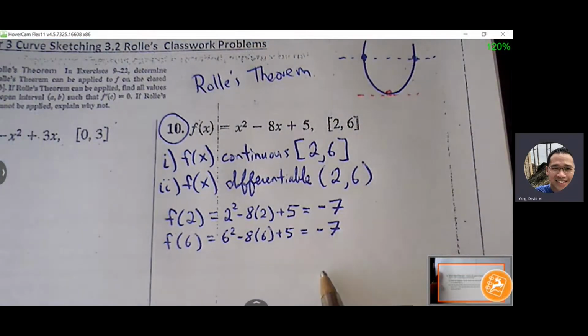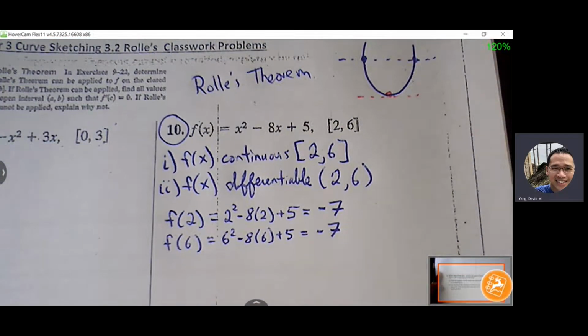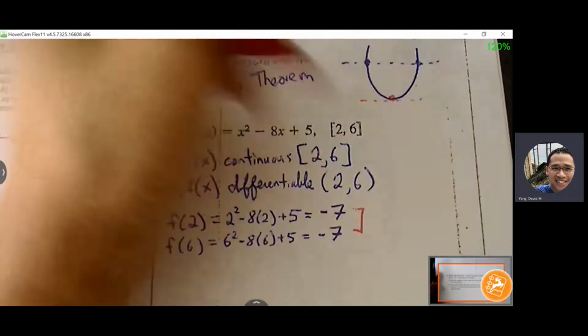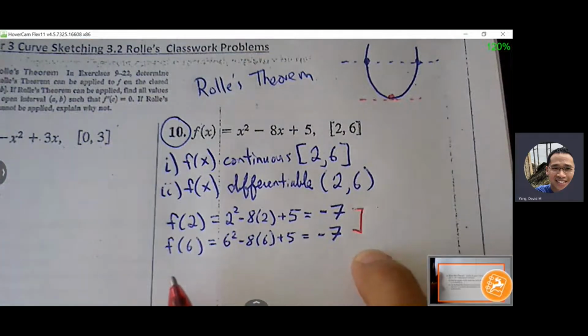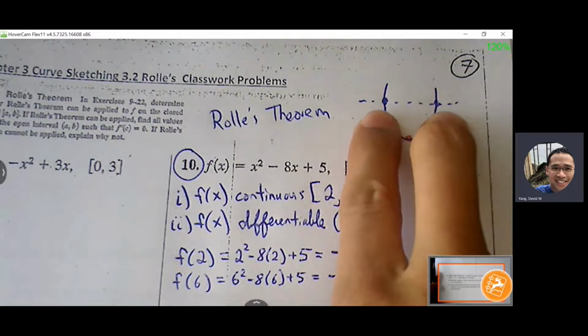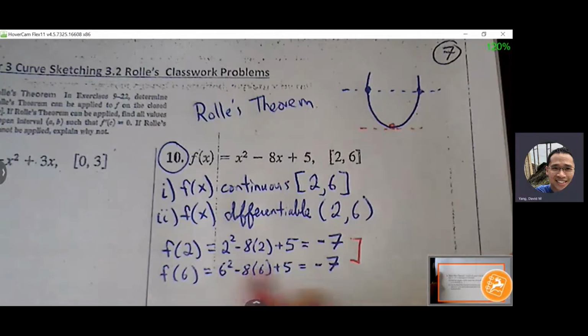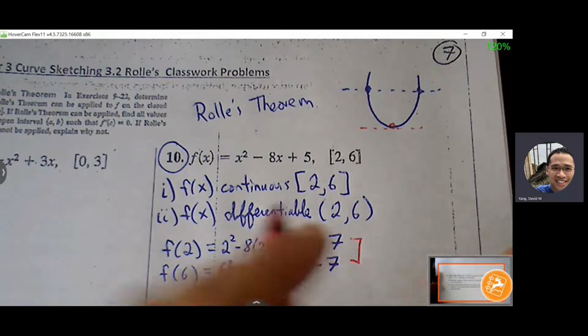So is this going to fulfill the condition for Rolle's theorem? Yes, because these y values are the same, which means that if you were to graph it, they're going to be directly across from each other, which means that the slope is always going to be what? 0. Good.